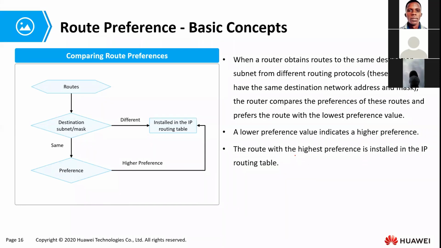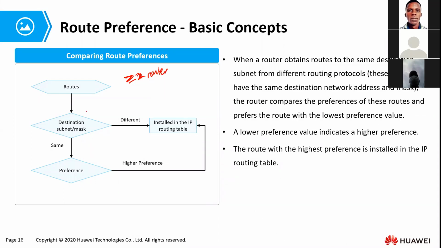So route preference. What are the basic concepts? This is how we compare routes. Please note that if we have more than one route, greater or equal to 2, to the same destination, then we have to select one. Are we together? Yes. If we have more than one, then we have to select one.